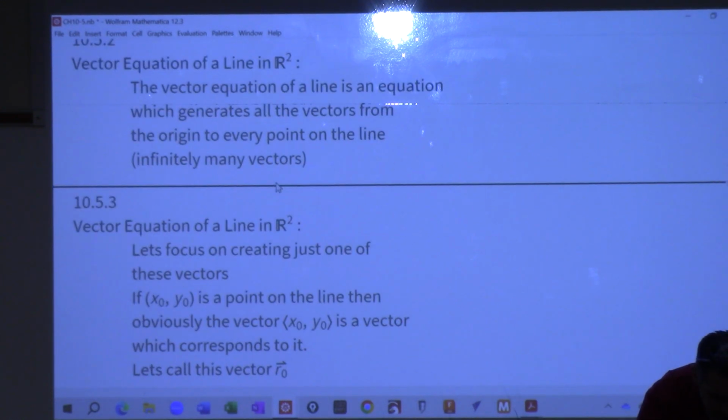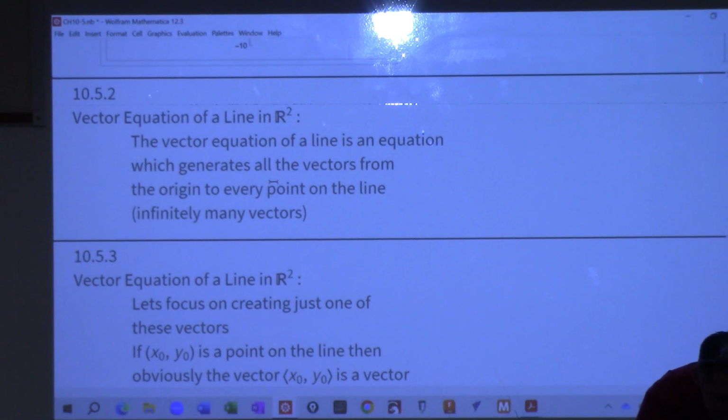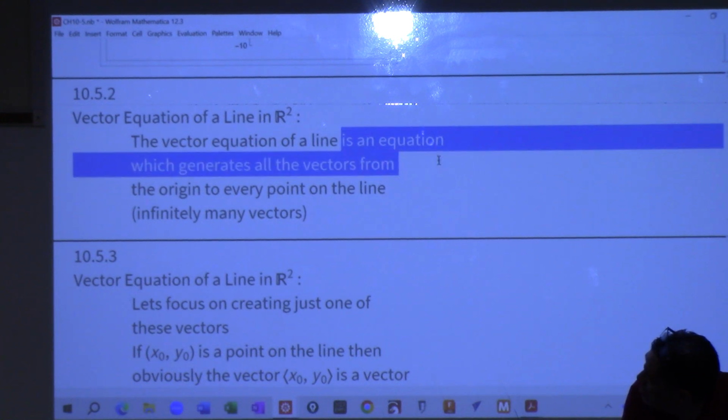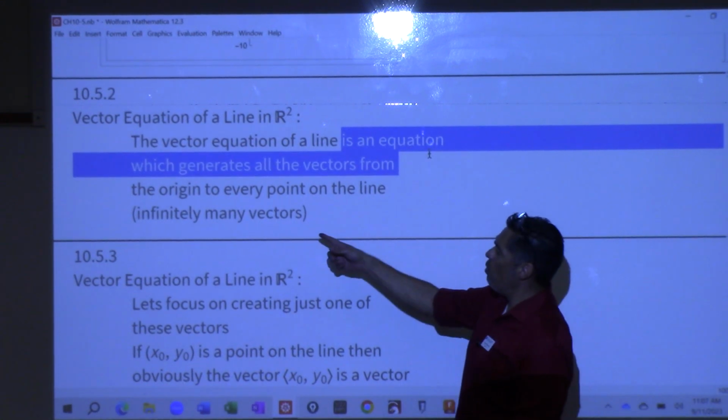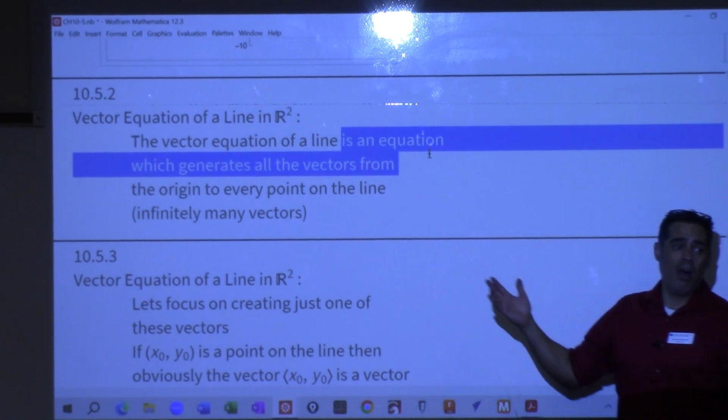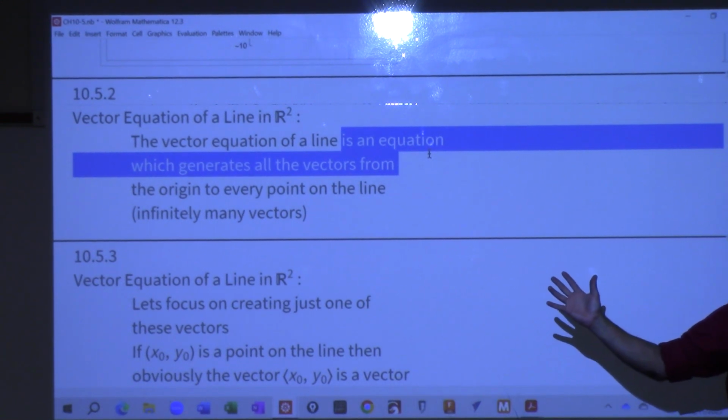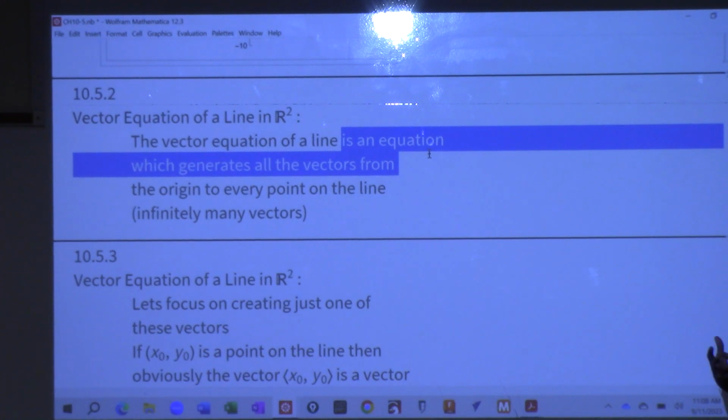Well, we have to start with something, right? So the vector equation of a line is an equation which generates all the vectors that go from the origin to every point on the line. So there's an infinite number of vectors there, right? The vector equation of the line is the equation that generates those vectors.